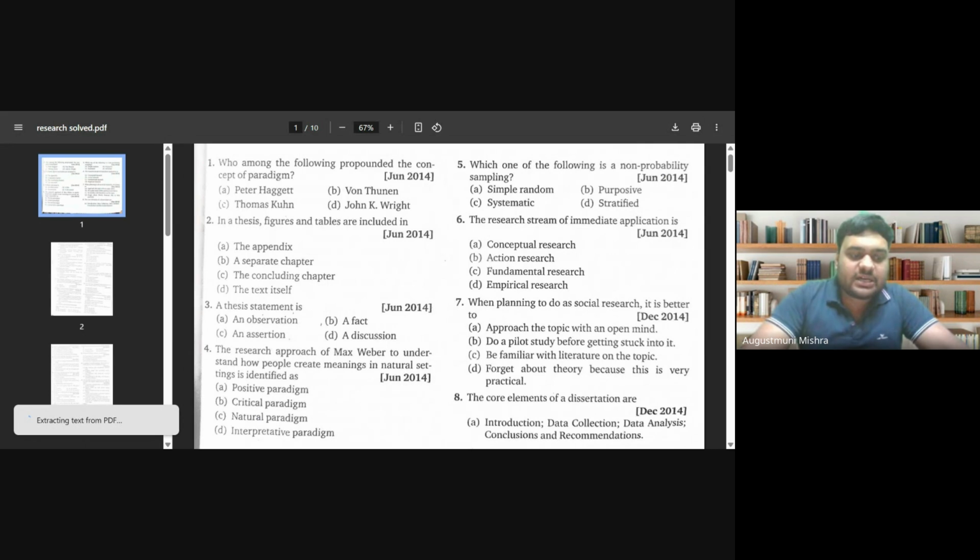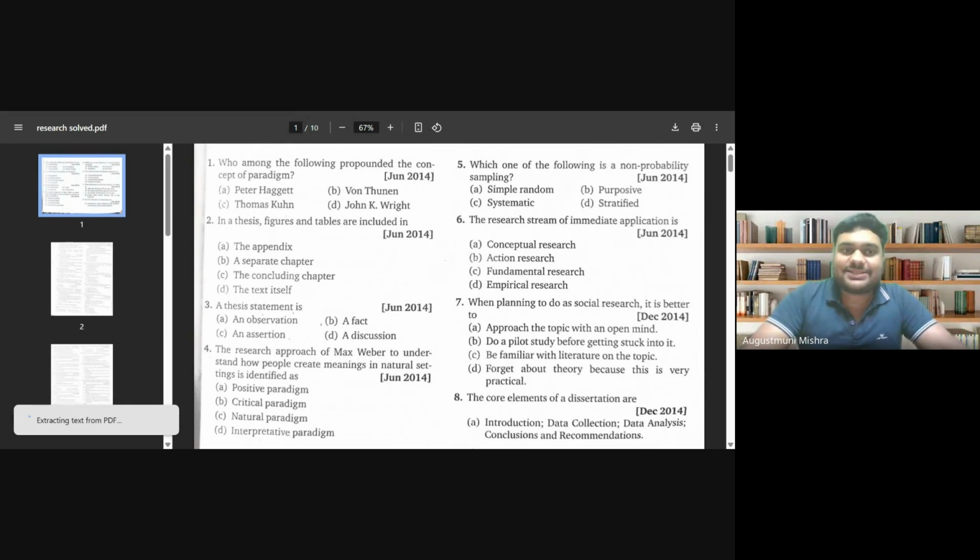Then there is another, Devika ma'am. For third, she mentioned B. That is affect. Okay, thesis statement, then the answer to the third will be C, that is assertion. You can just correct that.